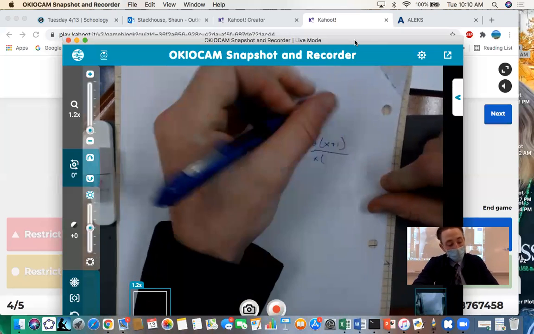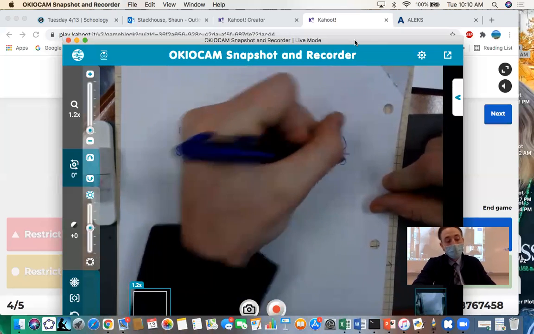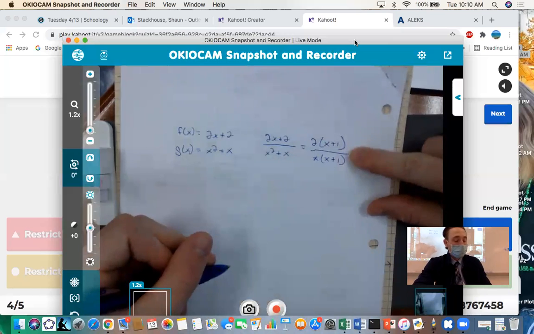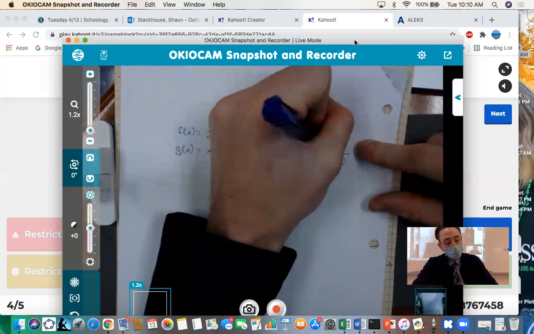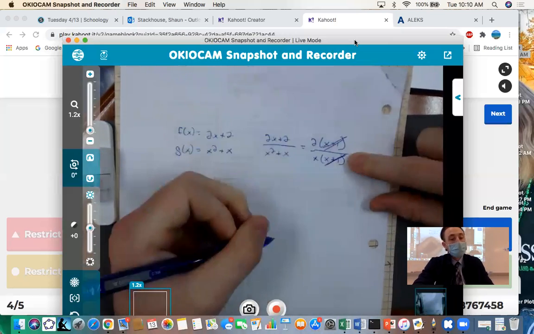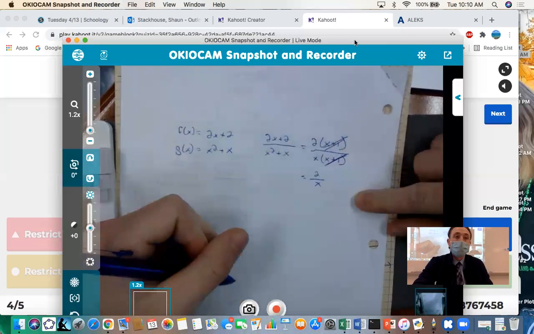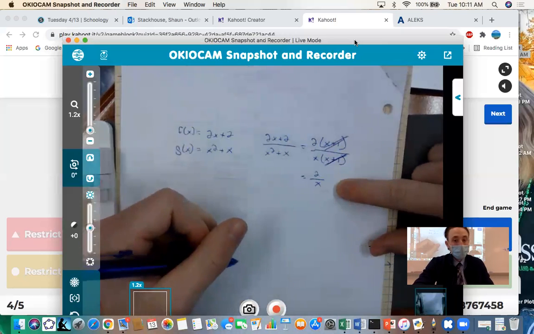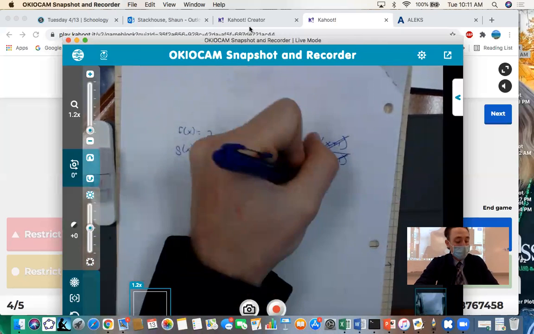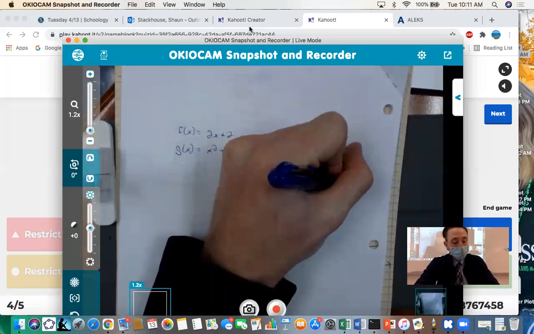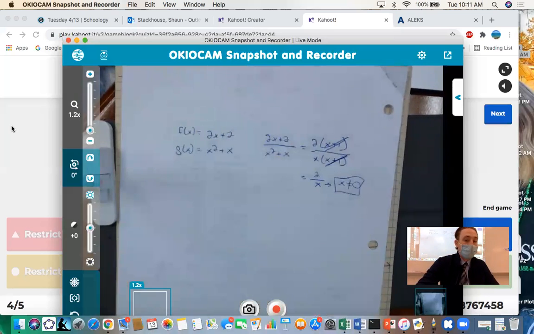X. And I'm left with x plus 1. Well, with these division problems, I can actually cross off the x plus 1s to simplify, and I'm left with 2 over x. That leaves me with the only possible restriction to be where my denominator equals 0. So x cannot equal 0 is my only restriction.